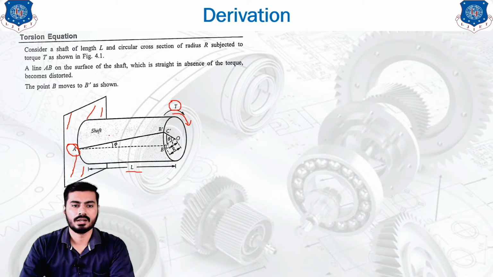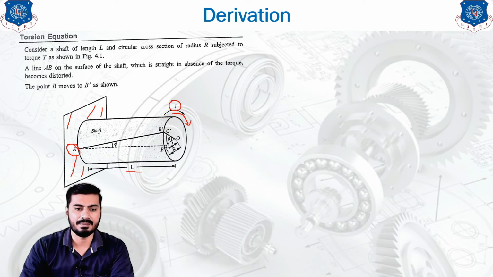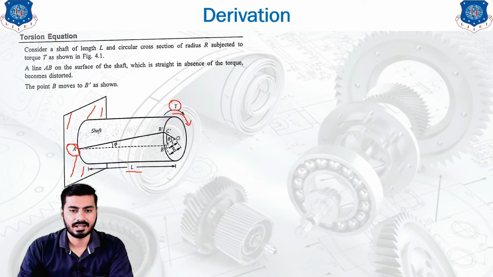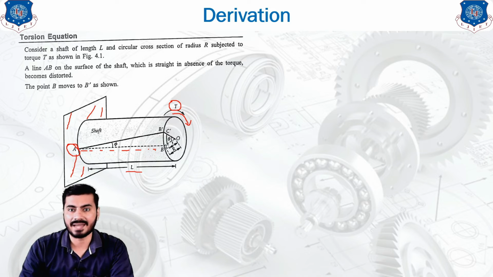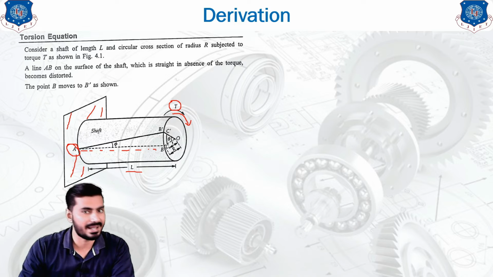Assume that the line AB, which is straight in the absence of the torque, becomes distorted. Now you need to understand that this dotted line is the condition before the application of the torque. Right now, initially, we have not applied any torque.